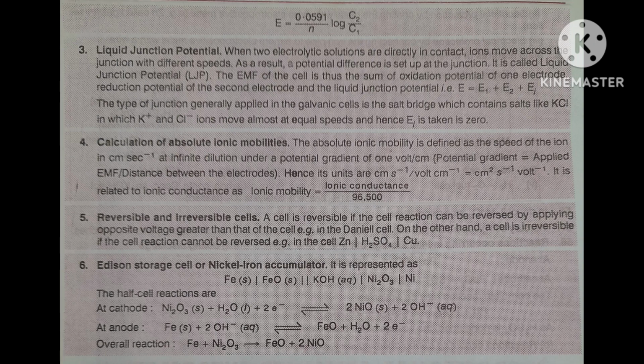The EMF of the cell is thus the sum of the oxidation potential of one electrode, the reduction potential of the second electrode, and the liquid junction potential.